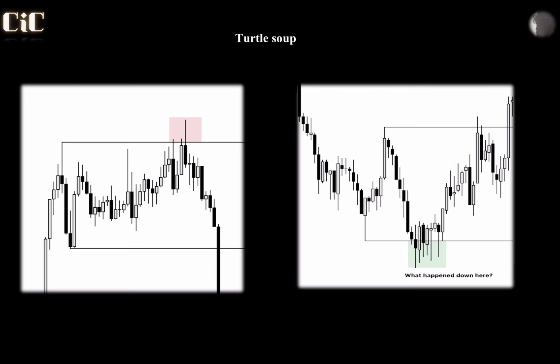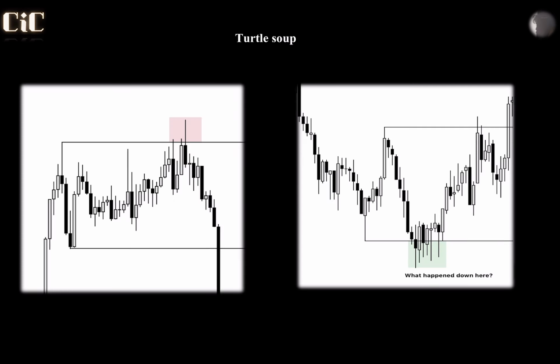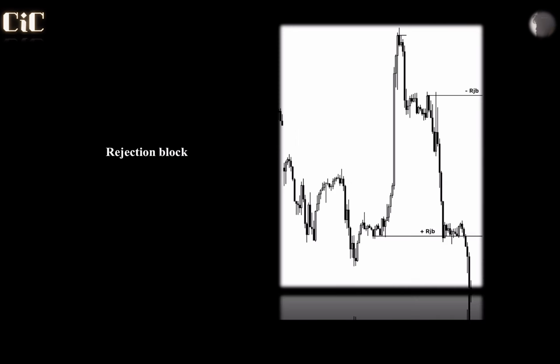Adding new short positions in the market, and then using that fuel to push higher and make some money out of the retail traders, right? So that's basically turtle soup. Rejecting an old high or rejecting an old low in plain dumbed down English.